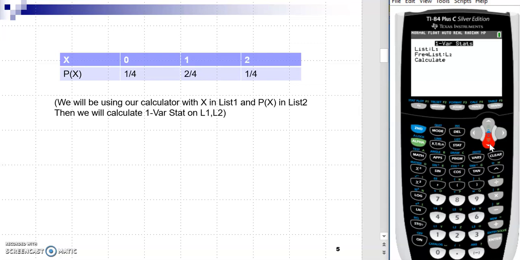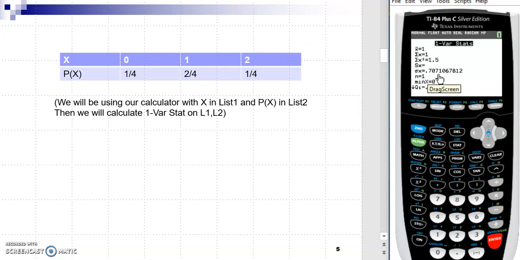If you don't see this on your screen of your calculator, make sure you type in list 1, comma, list 2, just like we did with the frequency distributions. And we're going to enter. So the mean for that distribution should be 1. Now notice we don't get the variance, but we do have the standard deviation. That's right here. So the standard deviation is 0.707.